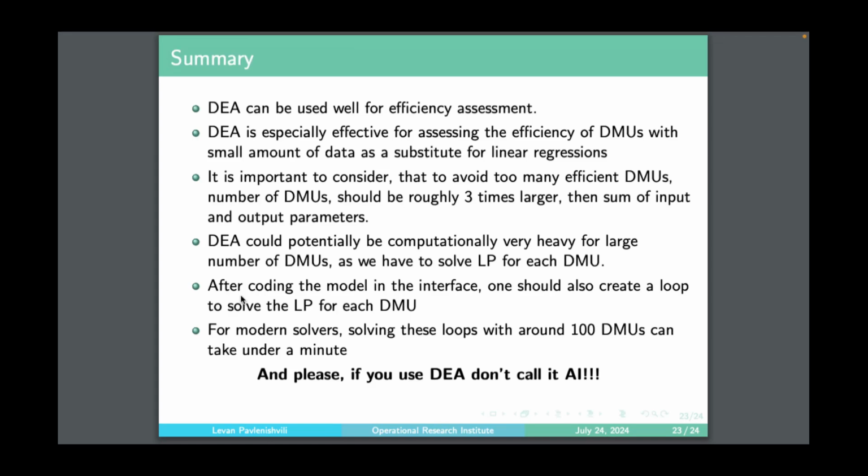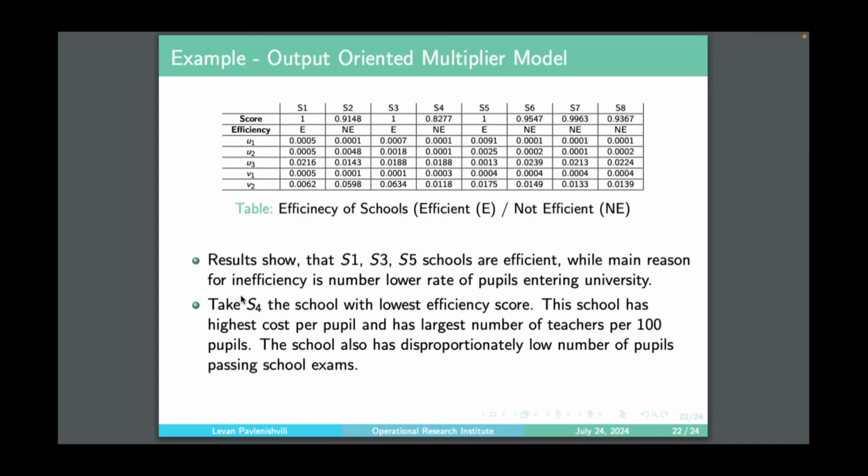I should have assessed at least 20 schools or 15 schools, right? And this is why these results are not very good, because too many schools are perfectly efficient, and that could be because there was not enough data.